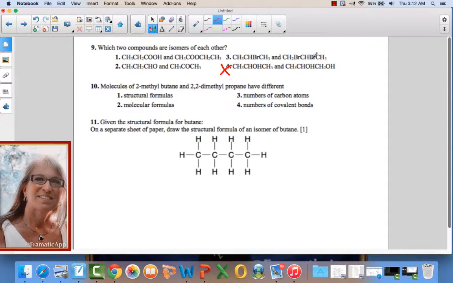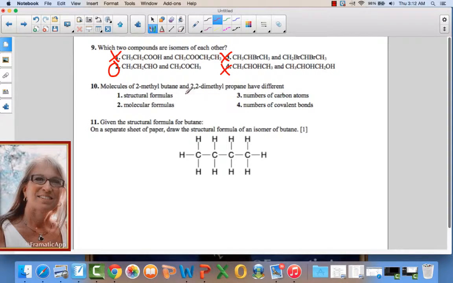This has got 1 Br, this has got 2, not that. 3 C's, 6 H's and an O. 3 C's, 6 H's and an O. 3 C's. That's 4 C's. All right.